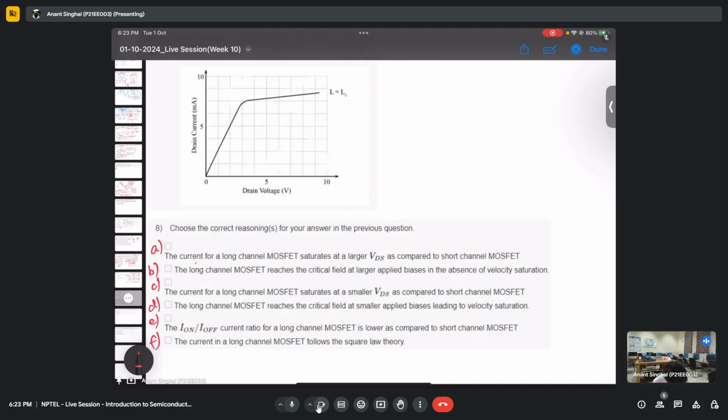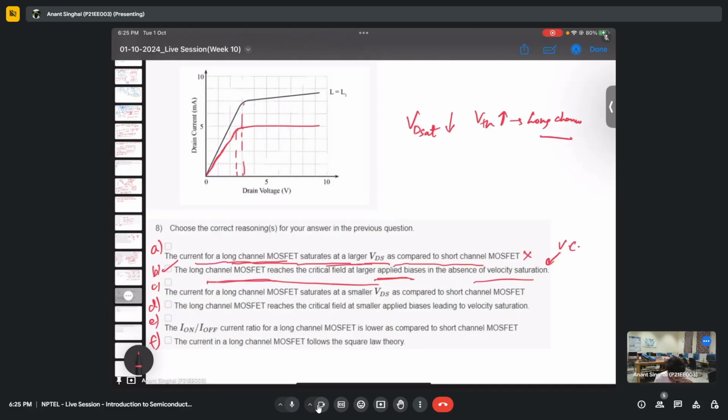So the long channel MOSFET reaches a critical field at larger applied biases. So this is correct. The long channel will require more applied bias in the absence of velocity saturation. Yeah, so velocity saturation will not take place. So B is correct, that is for sure. The current for the long channel MOSFET saturates at a smaller VDS as compared to the short channel.